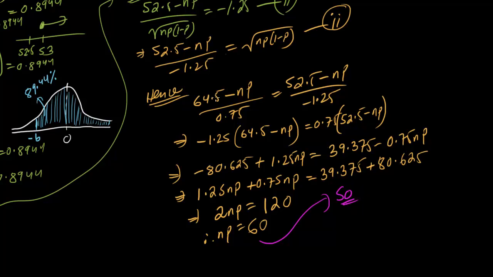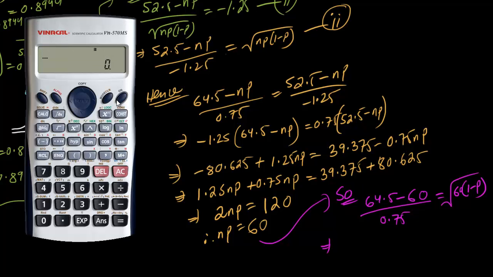We can write (64.5 − NP, which is 60) / 0.75 = √(NP, which is 60 × (1 − P)). So we can write 64.5 minus 60 is 4.5, divided by 0.75, and we get 6.